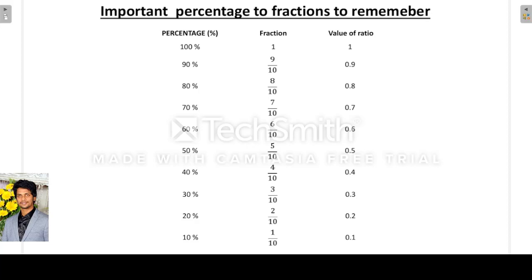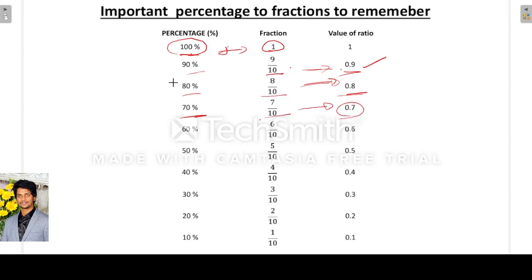So next, these are some important percentages and corresponding fractions which we need to remember. We can see 100% is nothing but 1. 90% means 9 by 10. 80% means 8 by 10. 70% is 7 by 10. Or in terms of decimals, 9 by 10 is nothing but 0.9, 8 by 10 is nothing but 0.8, 7 by 10 is nothing but 0.7.